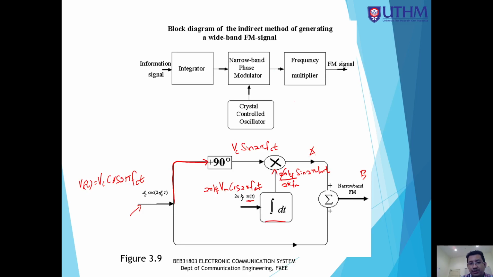So you see that 2 pi and 2 pi can be cancelled out, so here we have kf Vm over Fm sine 2 pi Fmt. So this is actually equal to beta f sine 2 pi Fmt.